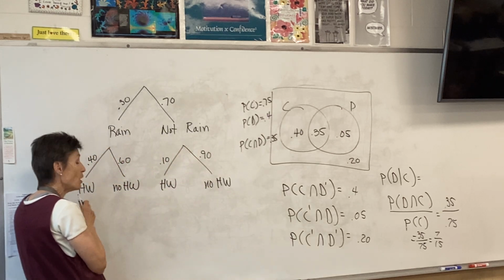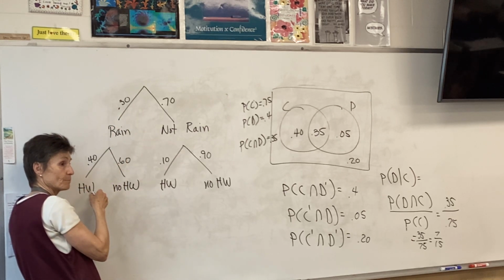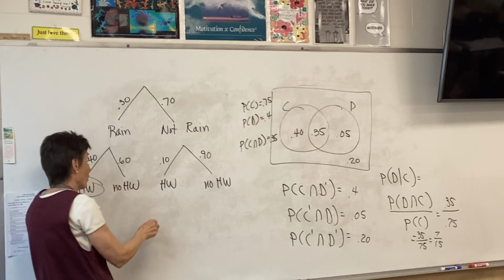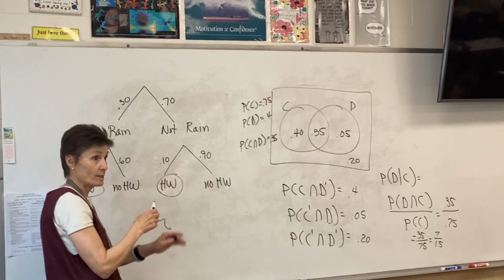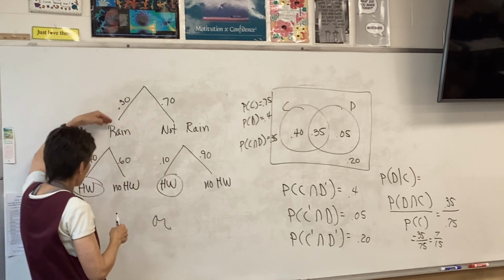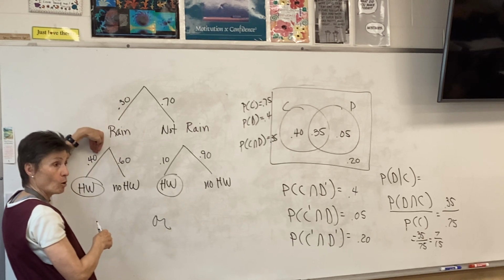The question is, find the probability of doing homework. Now, Joe can do his homework if it rains, right? He can do homework if it rains, or he can do homework if it doesn't rain. Would you agree he can do it either way? Over here, it's gonna rain and he's gonna do his homework.